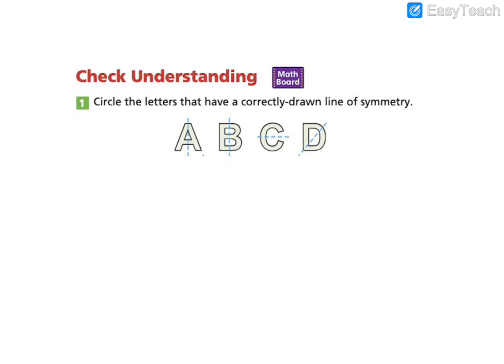So you should have circled A and C. Now, all of these letters actually have a line of symmetry. Go ahead and draw the correct line of symmetry for the other letters. If we folded B, we would have a line of symmetry, and if we folded D.